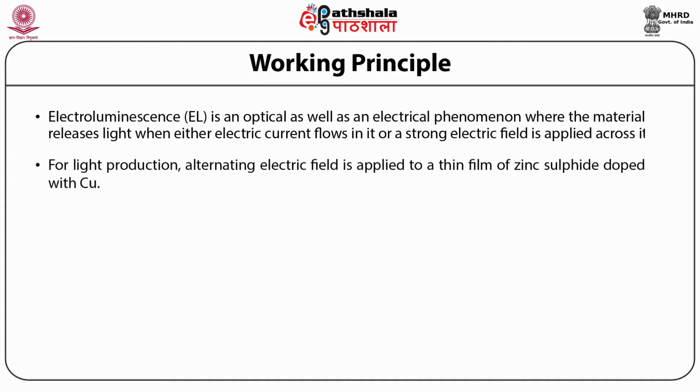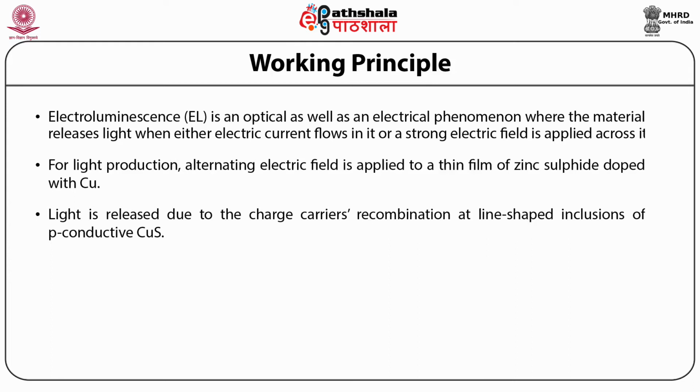For light production, an alternating electric field is applied to a thin film of zinc sulfide doped with copper. Light is released due to the charge carriers recombination at line-shaped inclusions of p-type conductive copper sulfide.